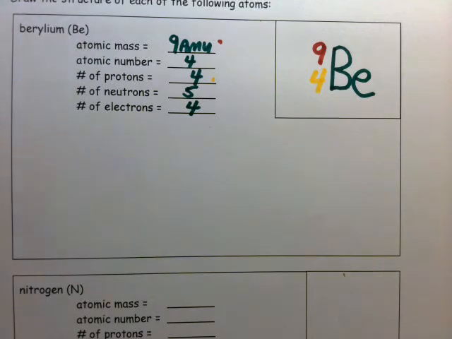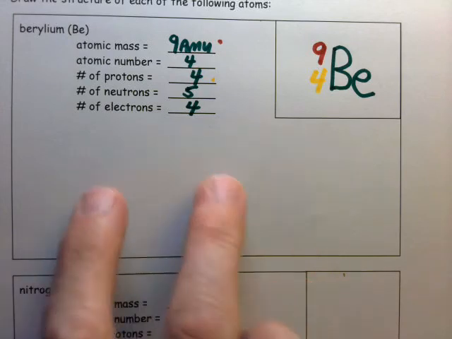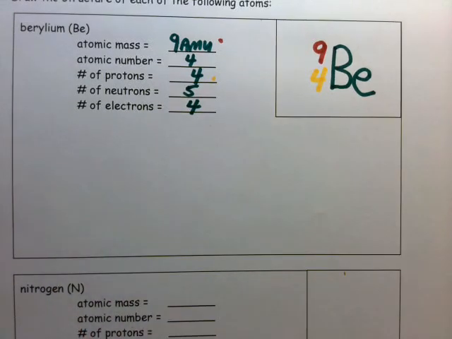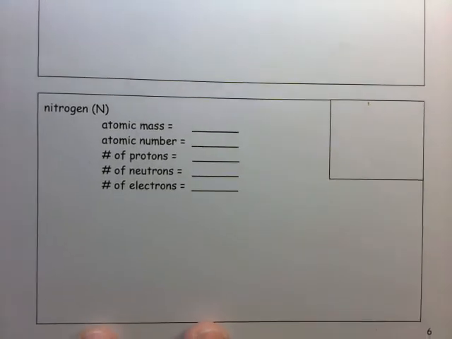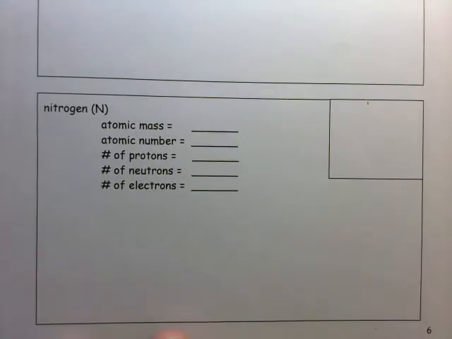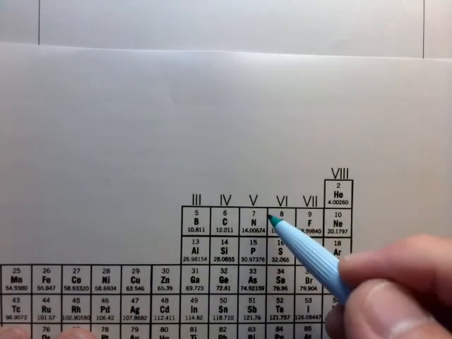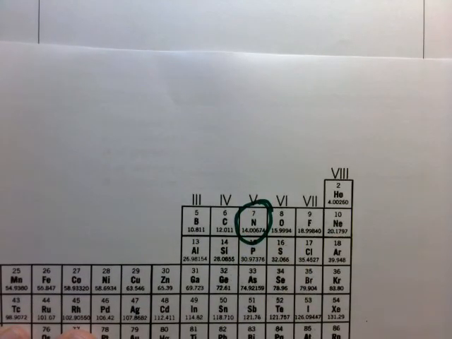We're going to look at that in the next video. In the meantime, review what we've done. Make sure you can do this for a couple of other atoms. In other words, before we fill in anything else in these boxes, go ahead over the next couple of pages before you look at the next video and just fill in parts lists. Go to nitrogen on the periodic table. Nitrogen is over here. And ask yourself, well, how many protons should it have? How many neutrons?